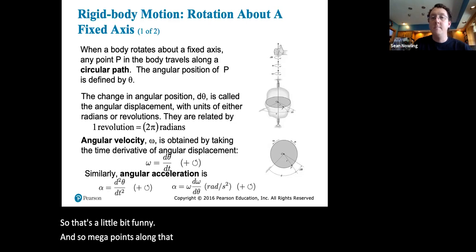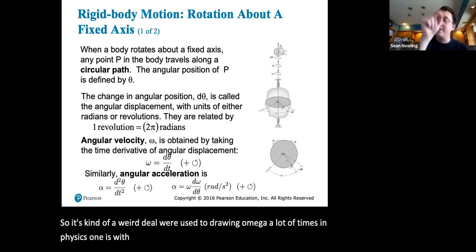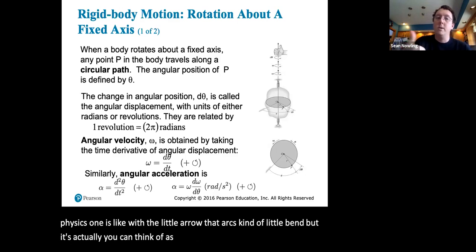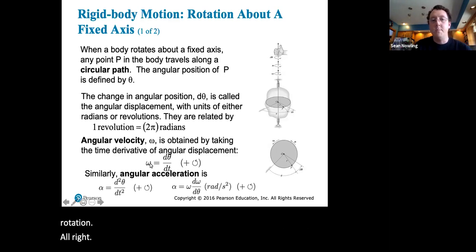It's kind of a weird deal. We're used to drawing omega a lot of times in physics 1 with a little arrow that arcs, kind of a little bend. But you can think of it as a vector, and it points along the axis of rotation. The definitions are basically the same as in physics 1.